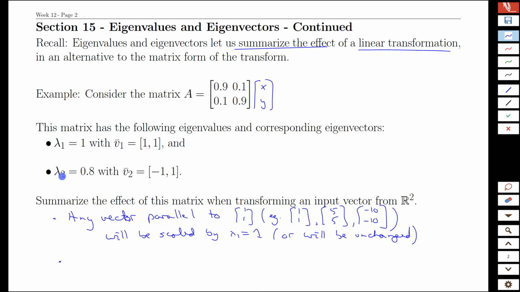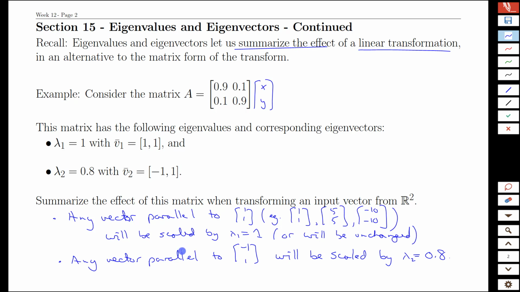If we compare and contrast with the second eigenvalue, we can write out exactly the same form of sentence: when we apply this A matrix, which again, for an arbitrary x and y looks pretty complicated, if we get lucky and we have a vector that's parallel to the vector negative 1, 1, and again, e.g. 1, negative 1, or negative 5, 5, or 10, negative 10, it will be scaled by its corresponding eigenvalue, which was 0.8.